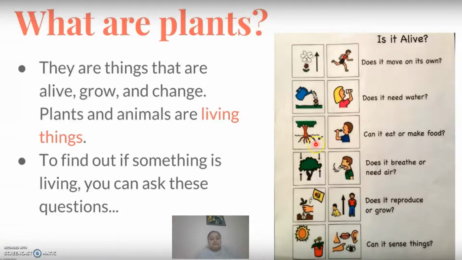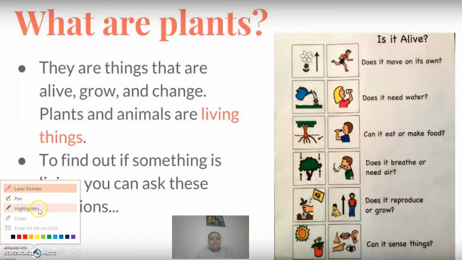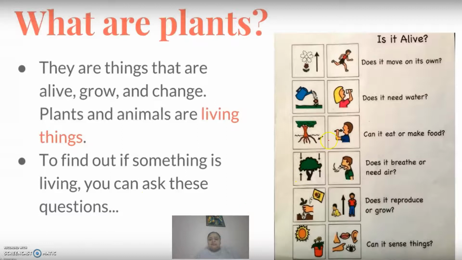See, we eat fruits and vegetables which we get from plants. So that means plants make food and they also eat food. Like I'll just show you, plants take water from the soil inside. So because they are taking water inside, that means they are eating. So they also eat. All right.